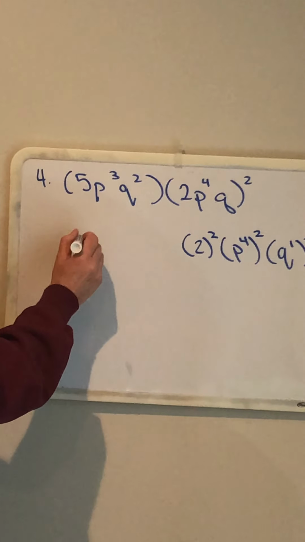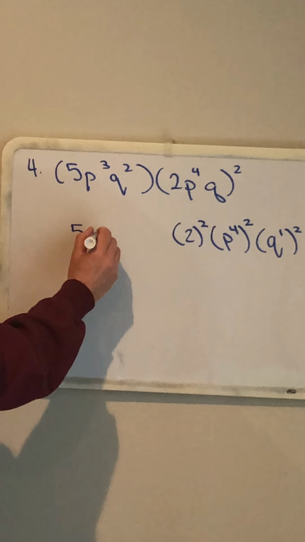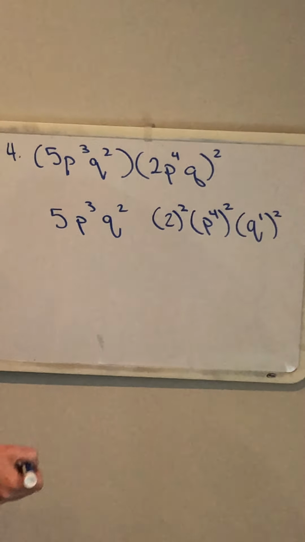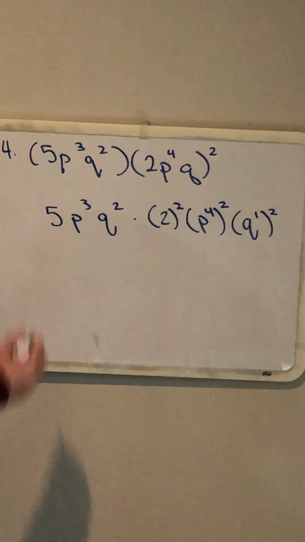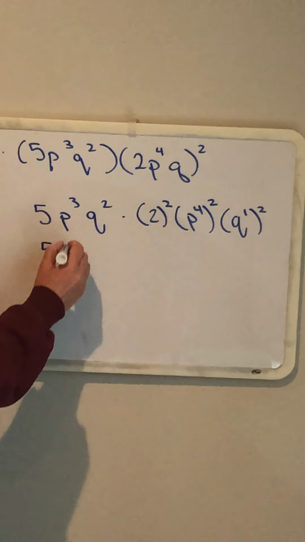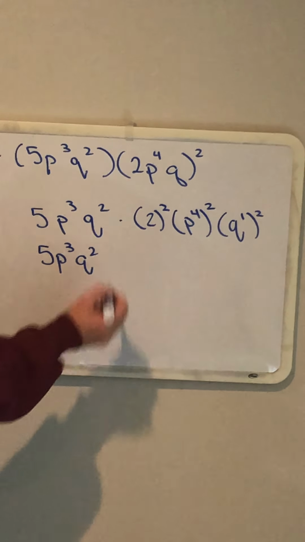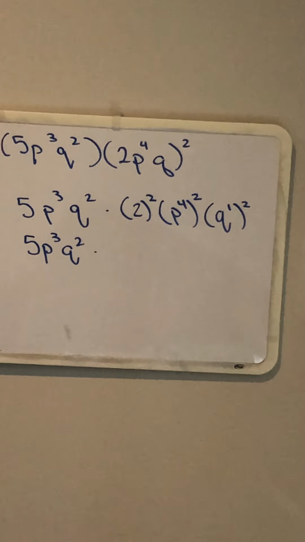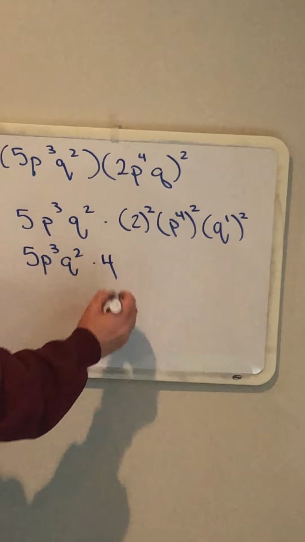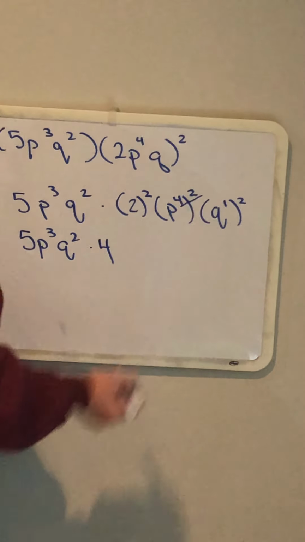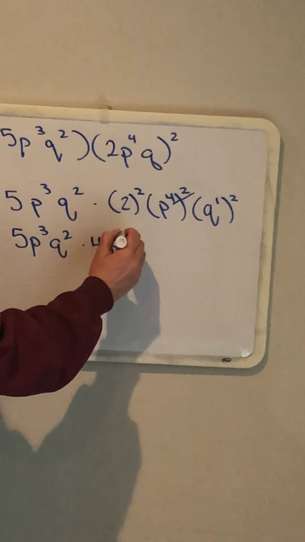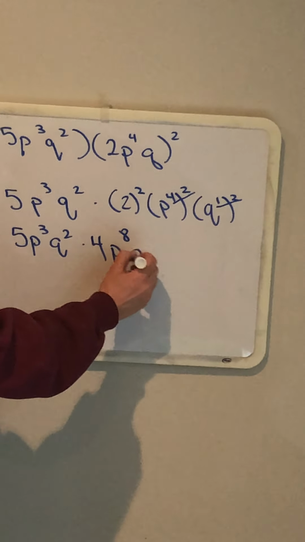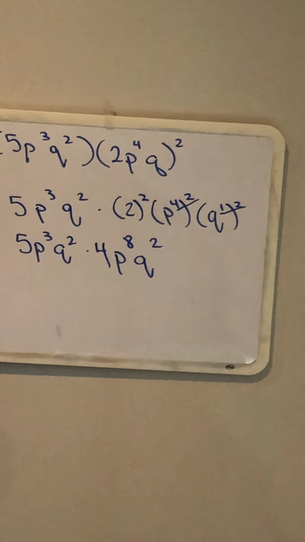Nothing in here has changed, so this is just 5p to the third, q to the second, times 2 to the second, which is 2 times 2, which is 4. Inside, outside exponent multiplies, so you have p to the 8th. Inside, outside exponent multiplies, so we have q to the second.